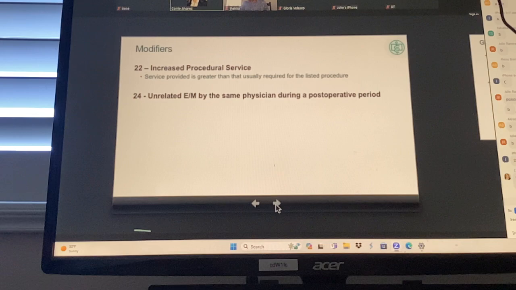Modifier 22: the biggest error that's made with modifiers is putting the wrong modifier on the wrong type of code. 22 says increased procedural service, so you wouldn't use a 22 on an E&M, for example. 24 is unrelated E&M, and so this would go on the E&M service during the post-operative period.